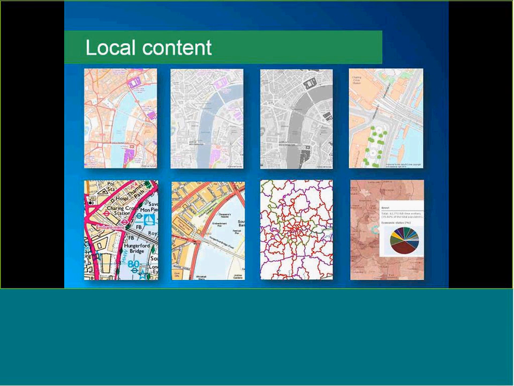Local content. So what we mean by this is content for the UK or for Great Britain, in particular for these services that we're seeing here. So since we first launched our Great Britain map services in 2010, we've had a really good uptake, lots of use, and it's provided value back to our customers.